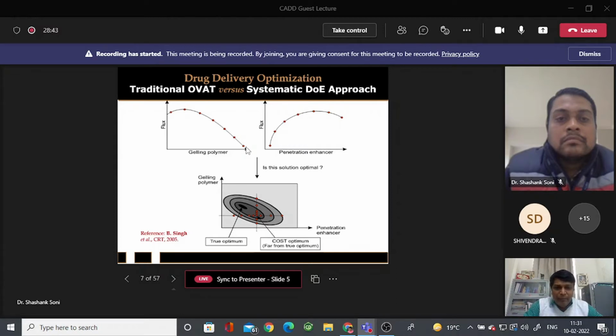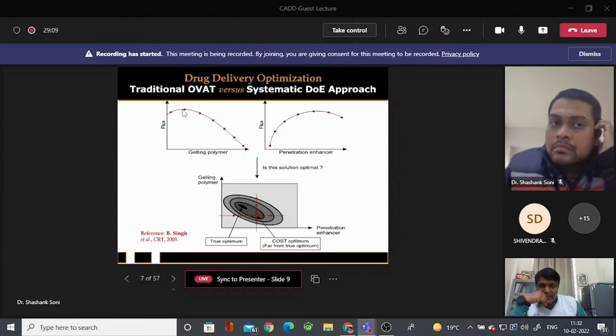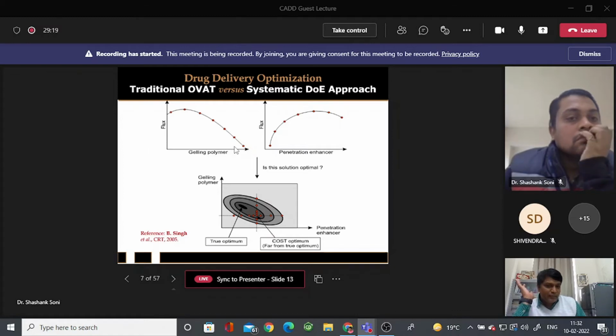It is not only our parameter, flux is used in many areas of pharmaceutics. So it is the amount of drug released per unit area, per square meter or per square centimeter. You can see that as the polymer was increased, initially the flux increased and then the flux decreased. So as the polymer increased, the drug release decreased.